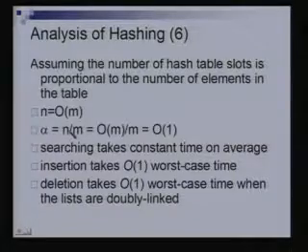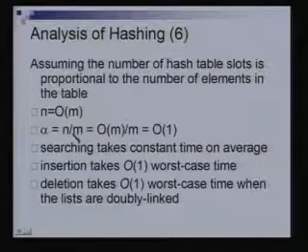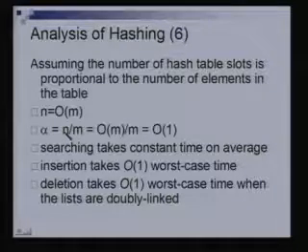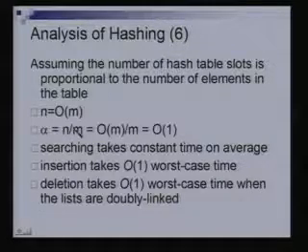What I'm saying is, let's say we pick the number of hash table slots to be equal to the number of elements, right? So there's no problem here. Suppose n was 1000 and m was also 1000. This hash table can accommodate any number of elements. It's not just that it can accommodate only 1000 elements. Why is that?